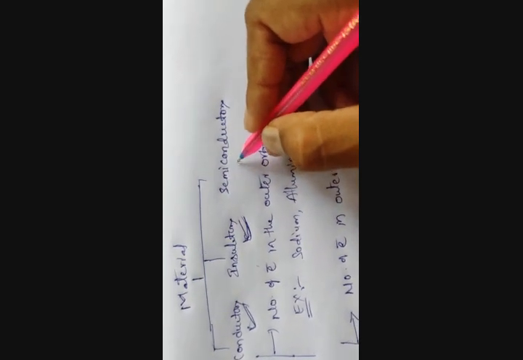And the next one is the semiconductor. The semiconductor is defined as having the number of electrons in the outermost orbit exactly half of the maximum of 8 electrons, that is equal to 4.